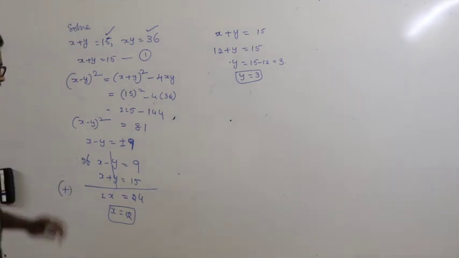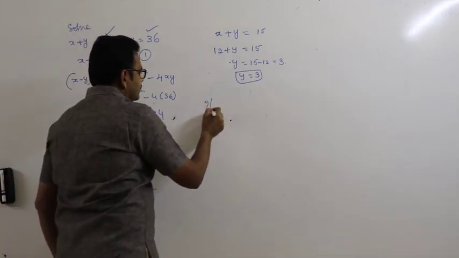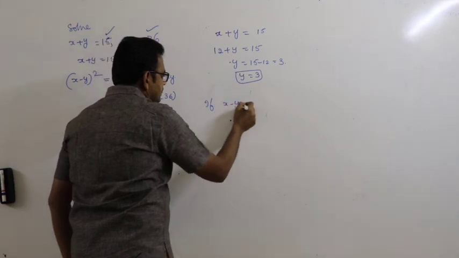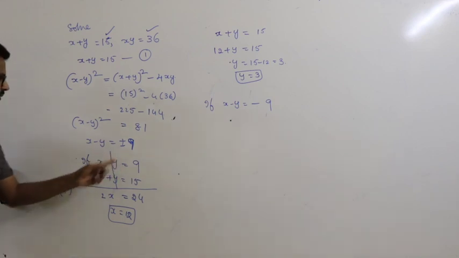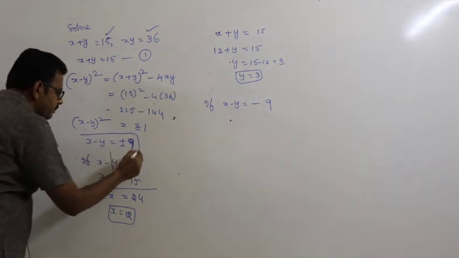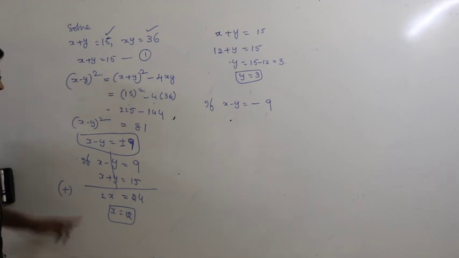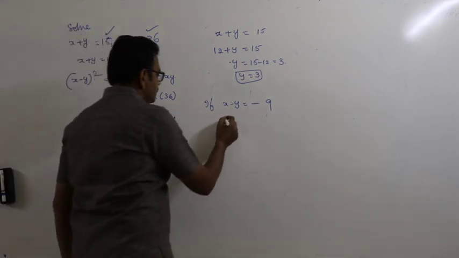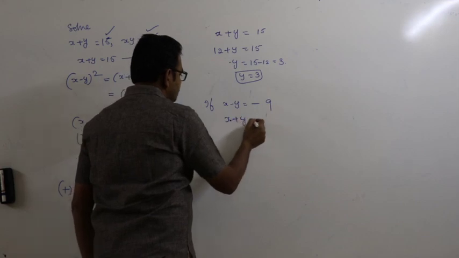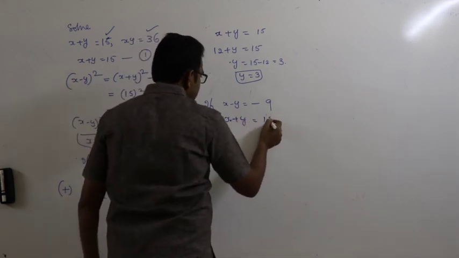Suppose we take x minus y equal to plus or minus 9. First I am taking x minus y equal to plus 9, and x plus y is already given as 15.